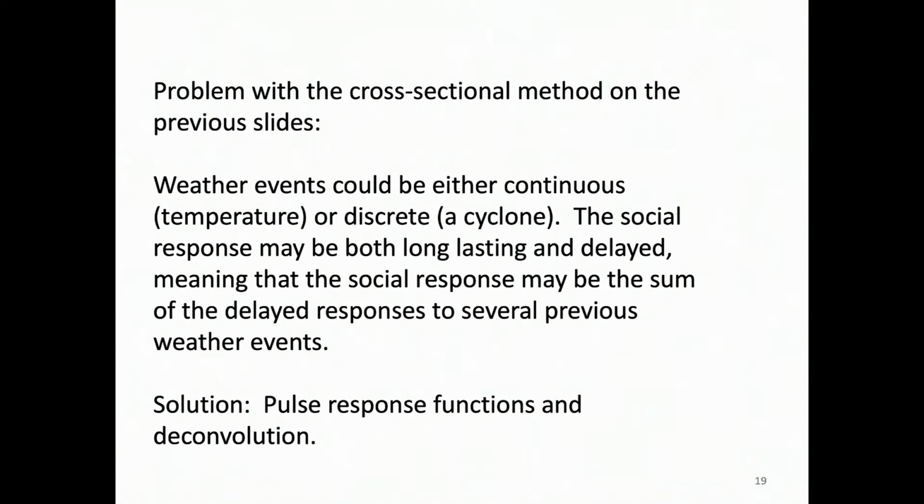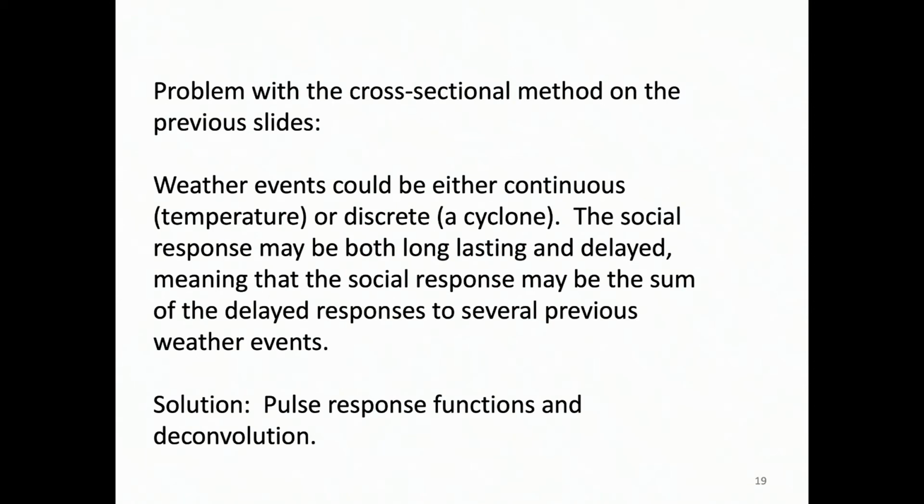There are all kinds of time delays and durations and longevities built into these responses. And to do the job right, you'd really ought to be able to estimate those things directly from the statistical method. And it also means that your response at any one time is going to be, in some sense, influenced by not just the most recent extreme event, but the one before that and the one before that, potentially. And so these things could build up through time.